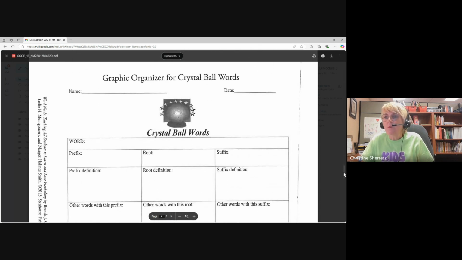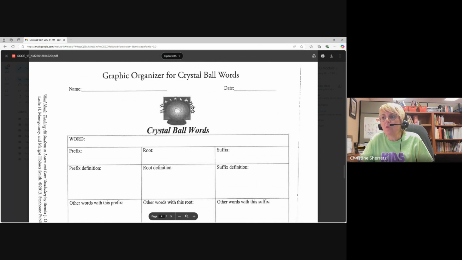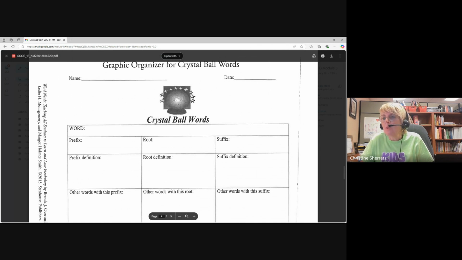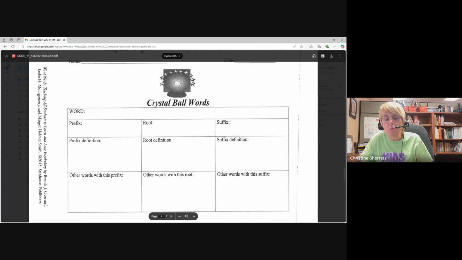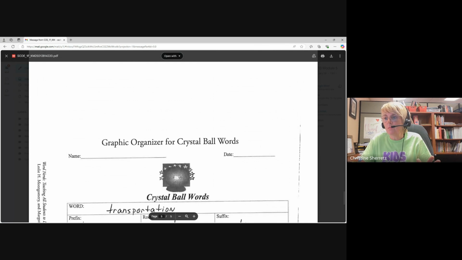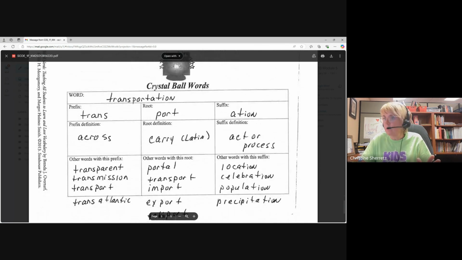Okay, last thing I want to show you is called crystal ball words. And we can see that this is when you're taking a word, and this is usually going to be a tier 2 or tier 3 word, probably a tier 3 word. You're going to have the word, and we're going to break it apart by its prefix, its root, and its suffix. So I'm going to show you an example that I did. We're sticking with that word transportation. Transportation has the prefix trans.